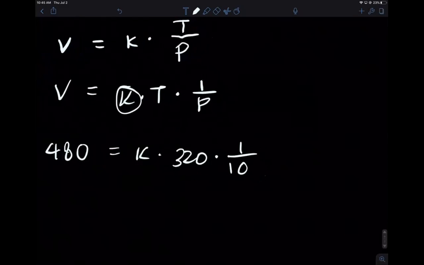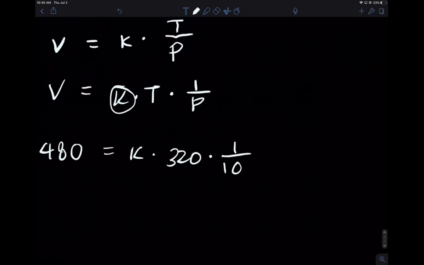Oh, okay, never mind. So yeah, in this case it would be just 10, because in our relationship it didn't say that volume was inversely proportional to the square of pressure. It was just pressure. So that's why it's just P in this case. So we don't have to square anything.